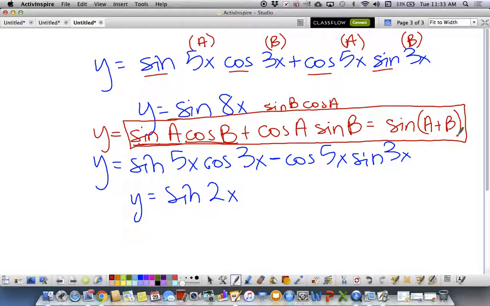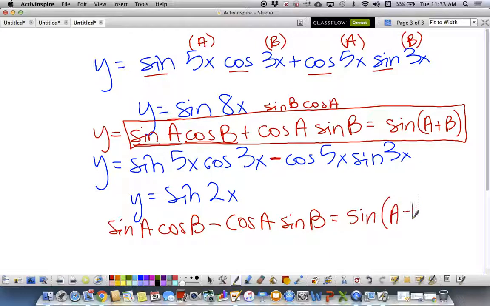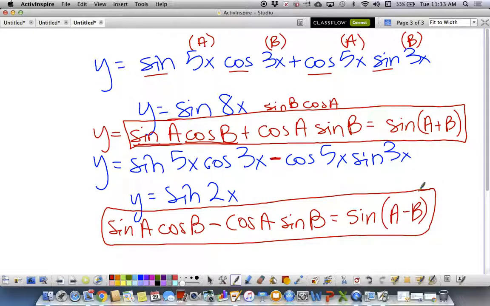Okay, so can we have an equation for a subtraction in the middle? If you have a sine A cosine B minus cosine A sine B, it will always equal what? Sine of A minus B. Two equations. Oh, I need a plus or minus in the middle of it.